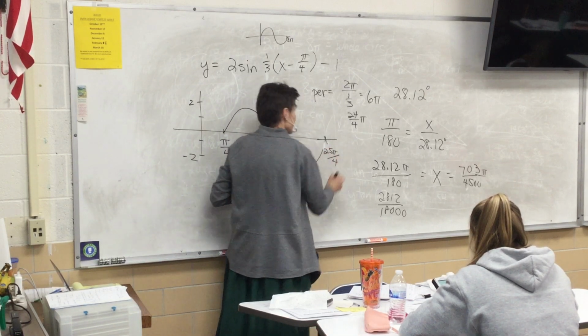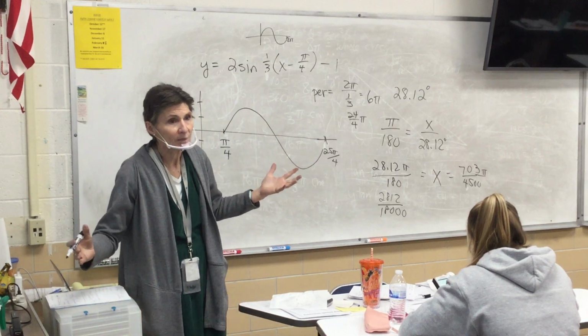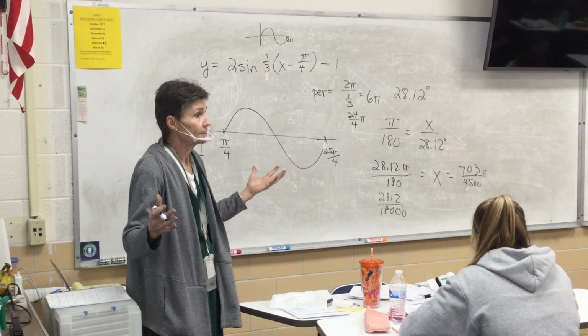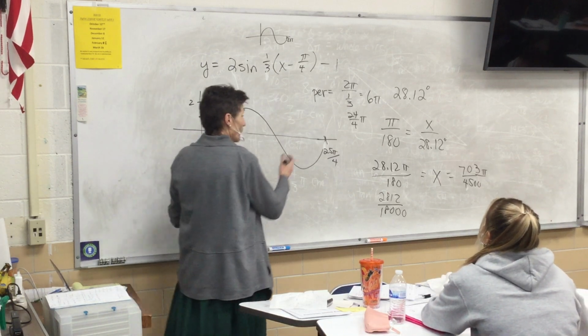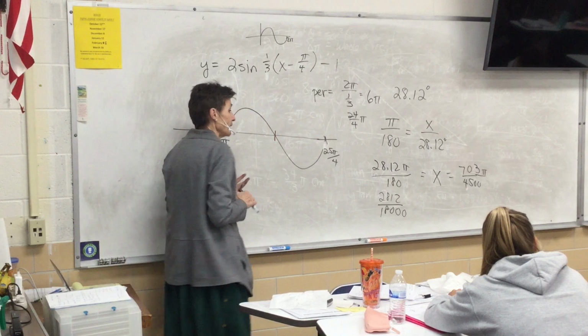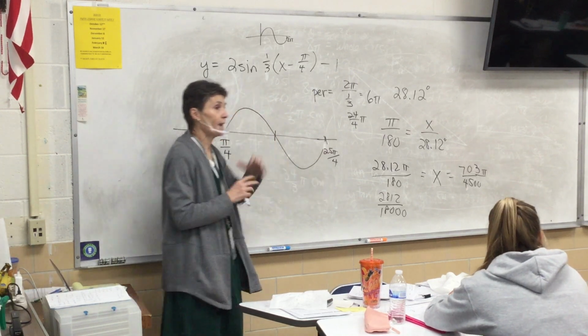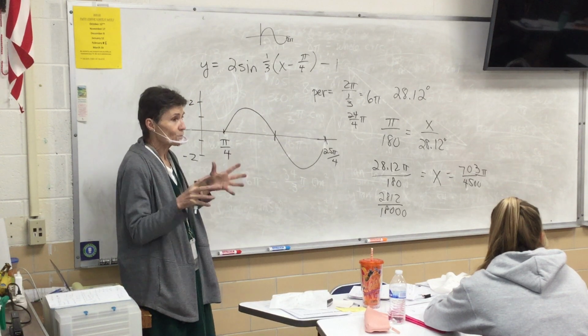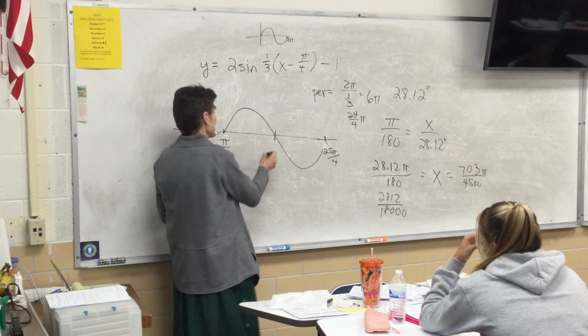That's exactly right. Your end point is your starting point plus your period. So now I know my end point. This point is right in the middle of pi over 4 and 25 pi over 4. Average them: 1 plus 25 divided by 2. 13.